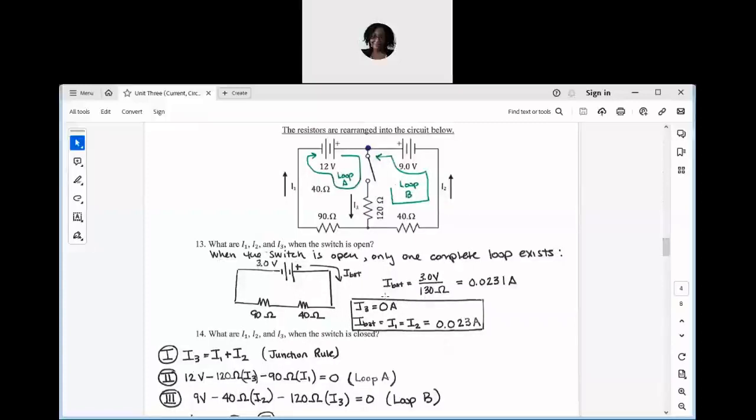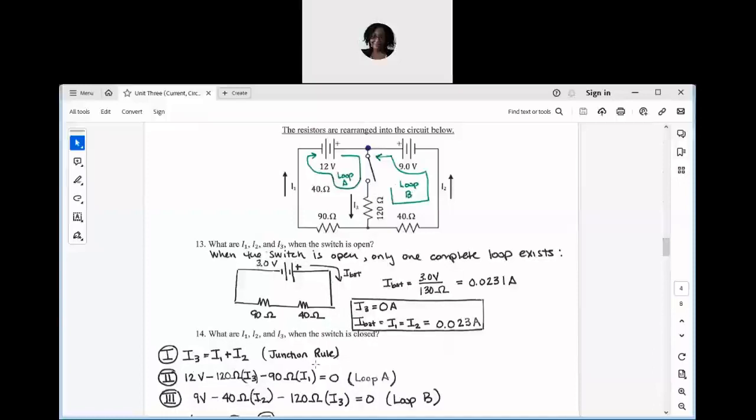Now for loop B, I'm going to start at the negative terminal of the 9 volt battery and work my way through counterclockwise. So it's a potential gain of 9 volts going from the negative terminal to the positive. Moving through this 120 ohm resistor, it is now going to be a potential drop.